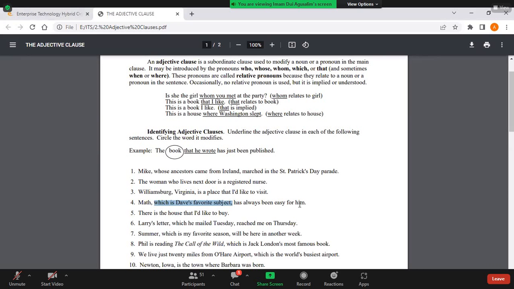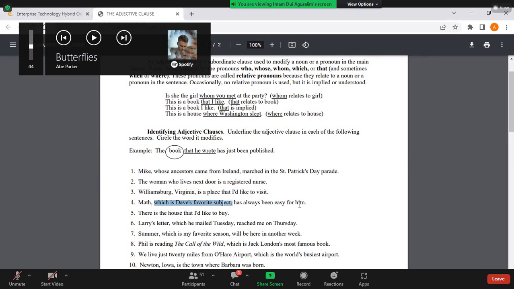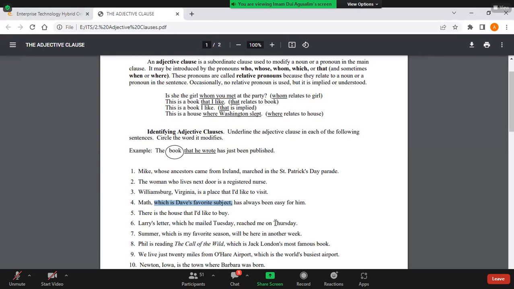There is the house that I'd like to buy. Read the adjective clause. Yeah, "that I'd like to buy." Okay, that's correct. Okay, number 6. Ara? Come on, Ara. Yes, sir. "Which email today." Okay, that's correct. Good. Next one. Safira. Number seven. "Which is my favorite season."